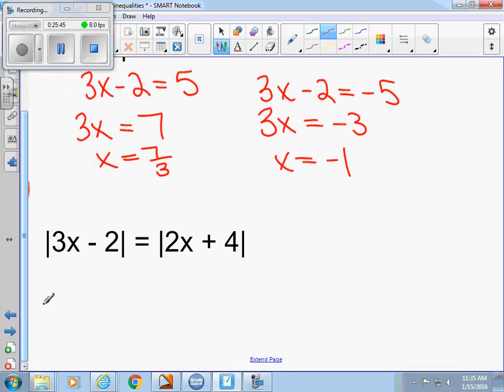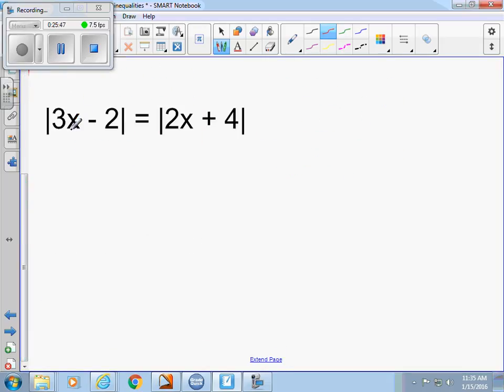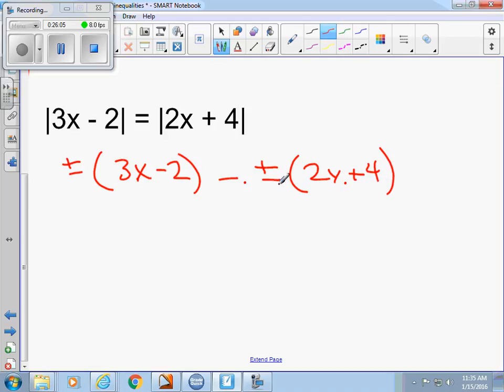Okay, if you have a double absolute value, let me get into some technicalities and then tell you the quick way to solve it. Technically, this means 3x minus 2 could be positive or negative, and technically 2x plus 4 could be positive or negative.